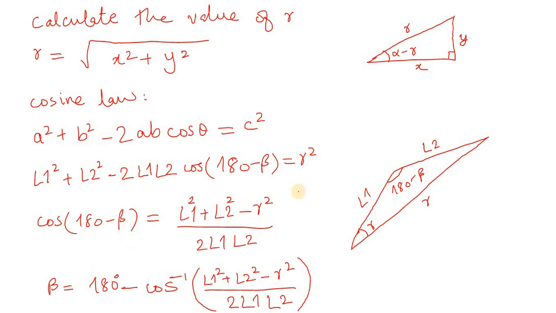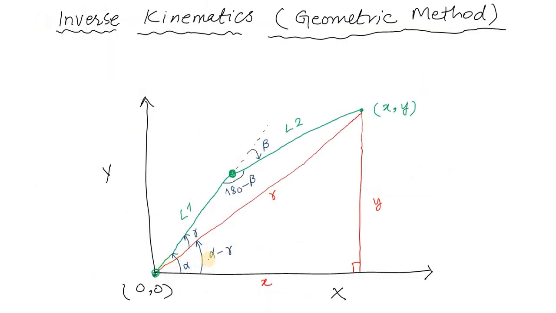So now we have calculated angle beta. We now want to calculate angle gamma, because finally we want to calculate angle alpha, and we know that angle alpha can be calculated once we have this angle gamma.